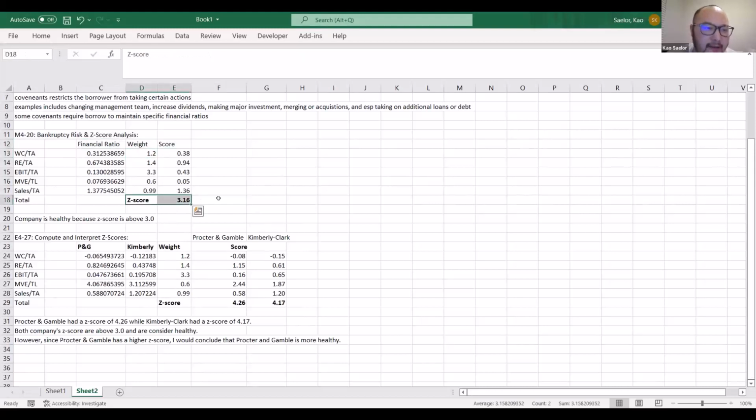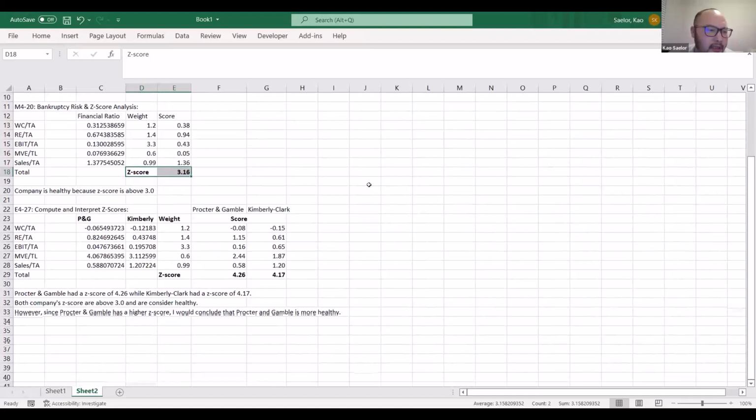So the Z-score I got for Logitech was 3.16, and that's above the 3.0 threshold, so they are healthy. So they are not at risk of defaulting within a year. Yeah, within the year. Perfect. I was about to ask over what time frame, but within the year is the key time frame there.